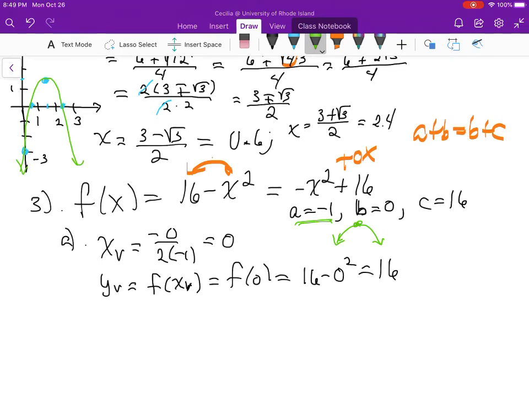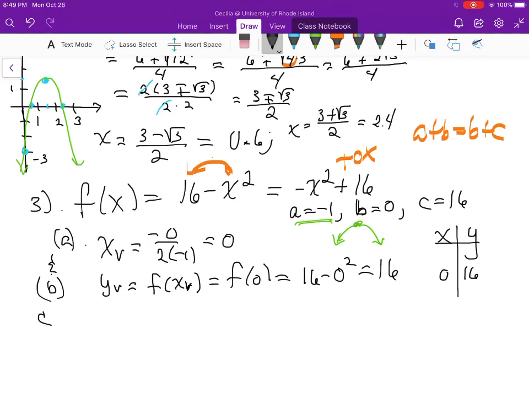Alrighty. Next thing, since we already got our y-coordinate, we can do a little xy table. We'll start out with putting in this vertex, and it's at 0, 16. And it's also the y-intercept. So we took care of A and B in one shot.